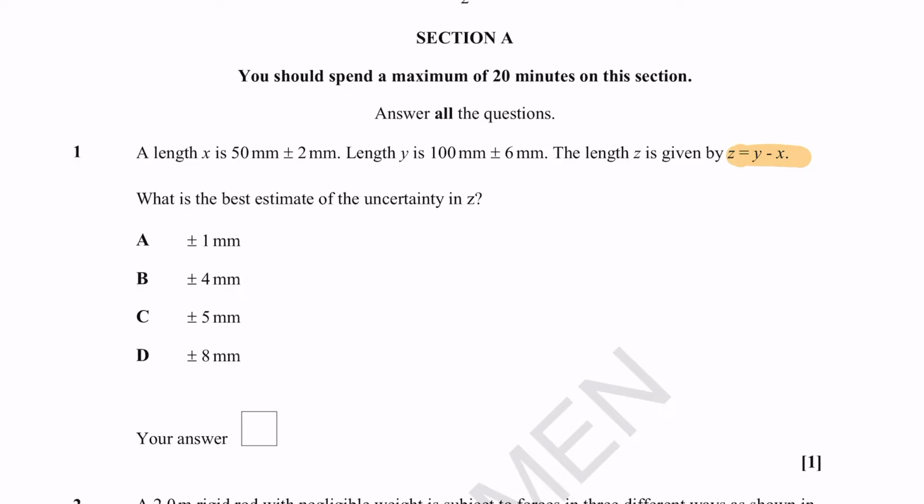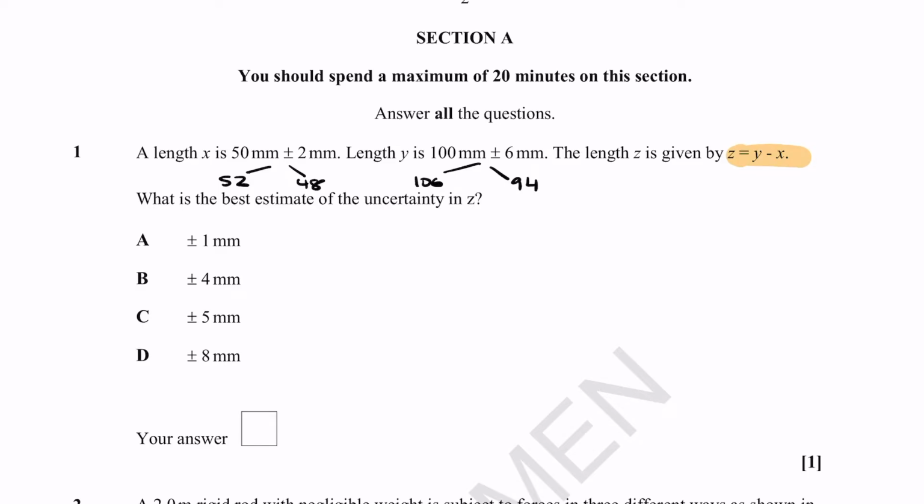So for this, we have to consider the upper and the lower bounds in x and y in order to work out the uncertainty in z. For the upper bound, it will be 52 millimeters in x, and the lower bound will be 48. And over here it will be 106, and otherwise 94 for the lower bound.